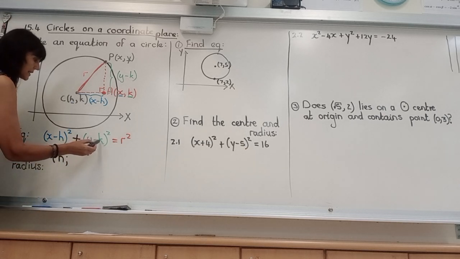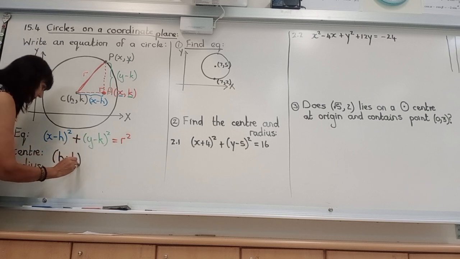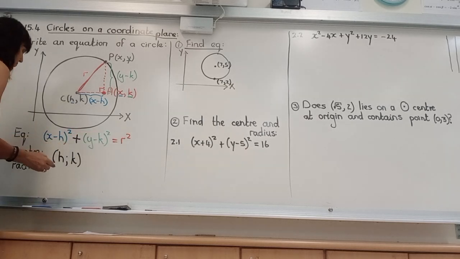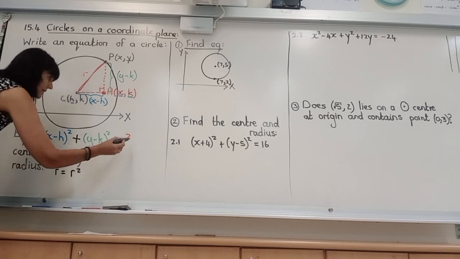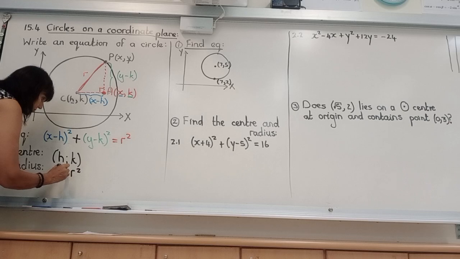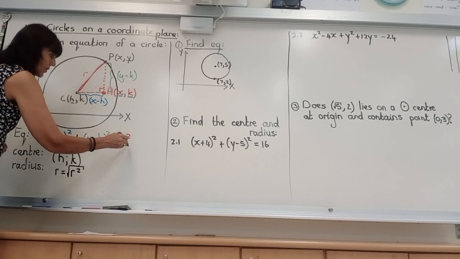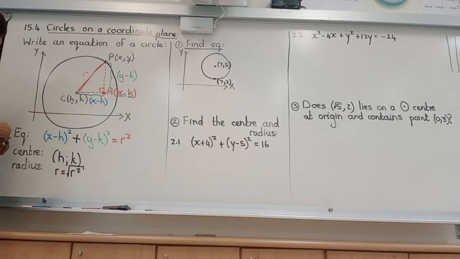Y minus k, change that sign to a positive k. And I have a center. If I need the radius, what will the radius be? The radius will be that radius squared that is given in your equation, square root. So the radius squared, square root of that will give me the radius.